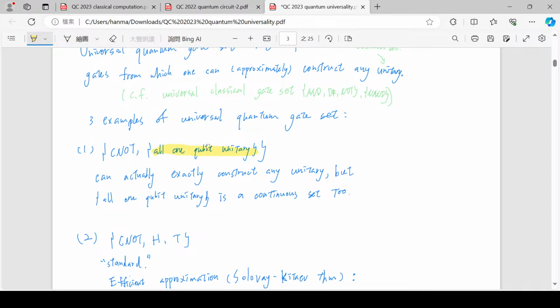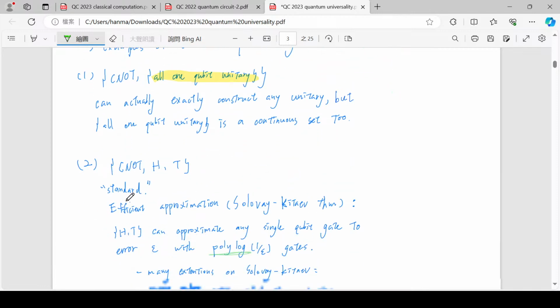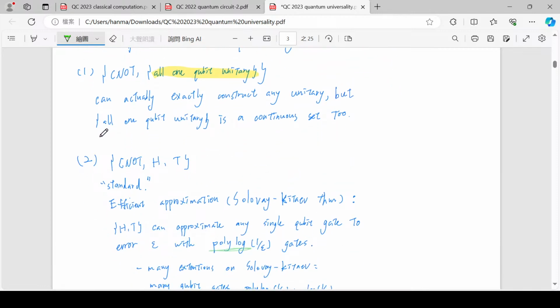Okay? So there are also uncountably infinite numbers of gates in all possible 1 qubit unitaries. Okay? And then, as we said, the most standard one people talk about is the CNOT, Hadamard, and the T gate. Okay? And this is kind of standard.